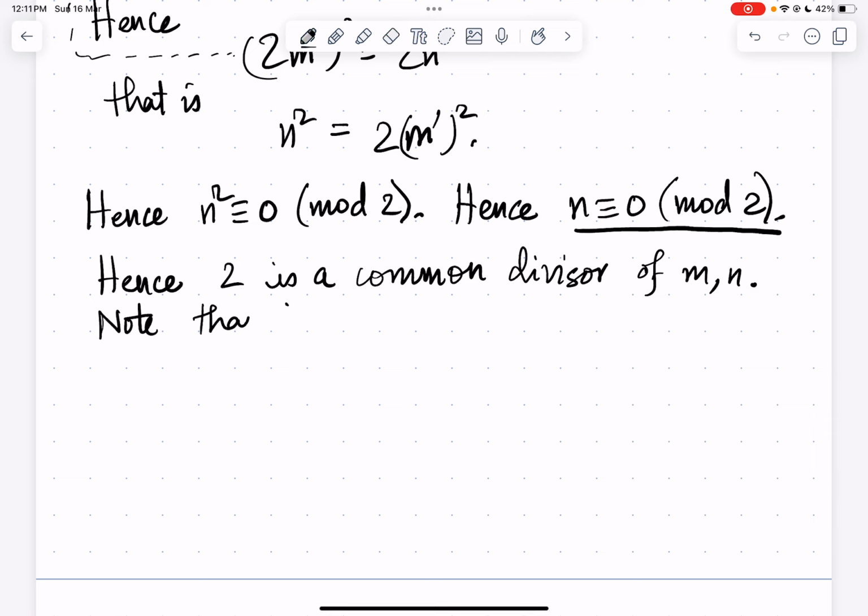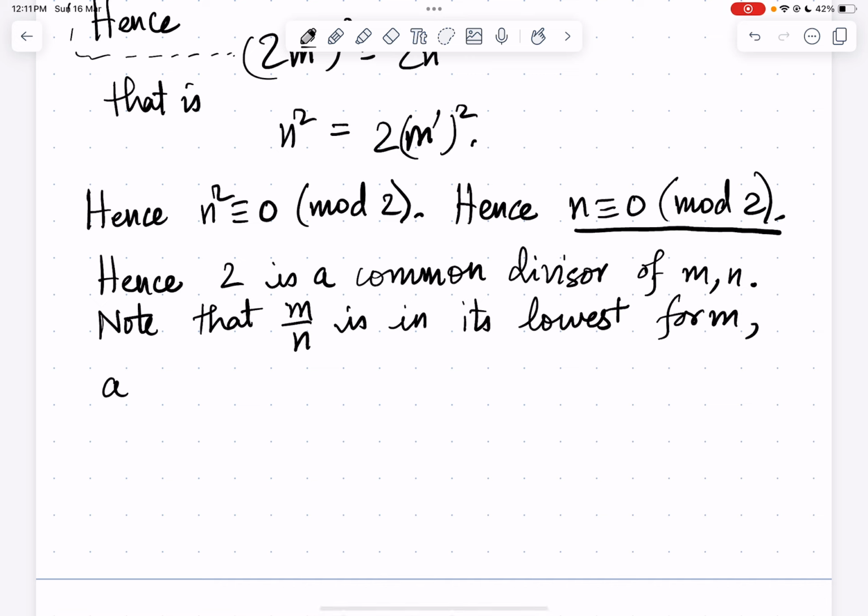Note that x equals m by n is in its lowest form. A contradiction.